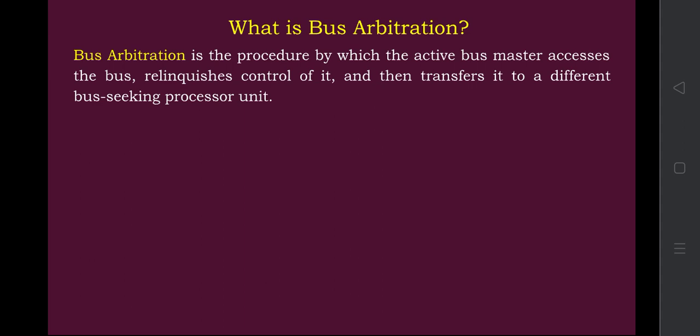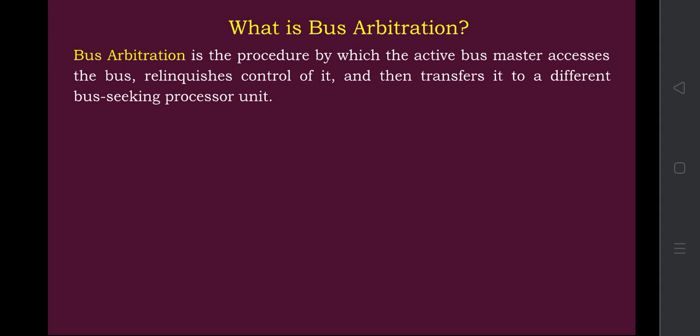The bus always helps to transfer data between different devices, memory and the CPU. So in order to transfer those data, we need the buses. The bus has to be arbitrated, that means changed among the processes. So in order to do this, the system uses the bus arbitration method.